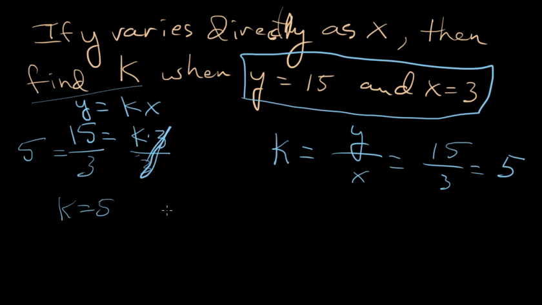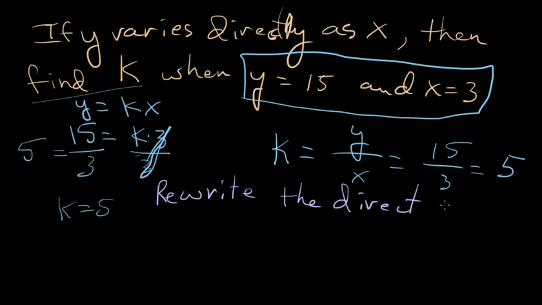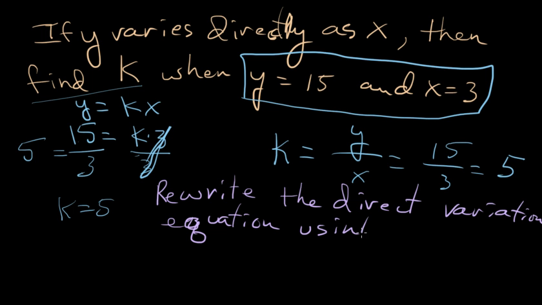Now the next thing, rewrite the direct variation equation using this k that we just found, using k equals 5.